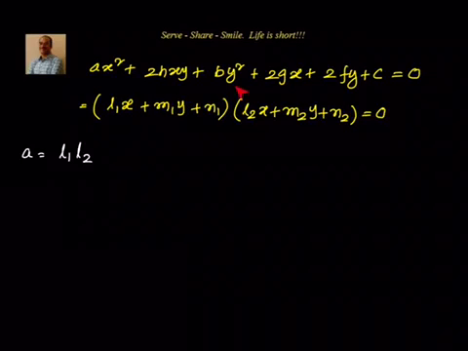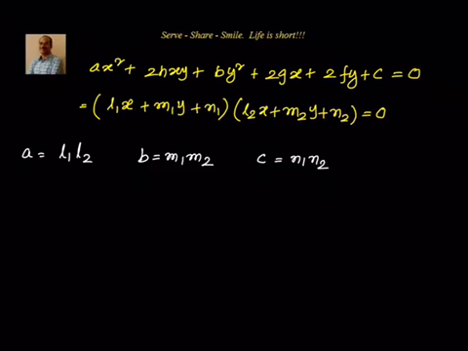When I multiply M1y into M2y, I get M1 M2 y square. So we will proceed like that and compare the coefficients of the terms. X square term gives me A equal to L1 L2. Y square term gives me B equal to M1 M2. And constant term C gives me N1 N2.